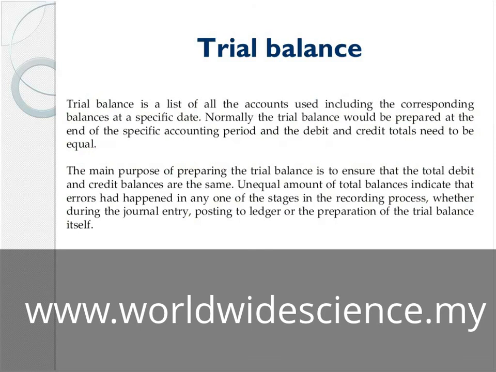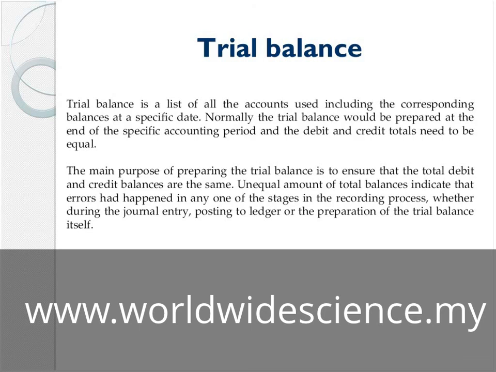The main purpose of preparing the trial balance is to ensure that the total debit and credit balances are the same. An unequal amount of total balances indicates that errors have happened in one of the stages in the recording process, whether during the journal entry, posting to ledger, or preparation of the trial balance.